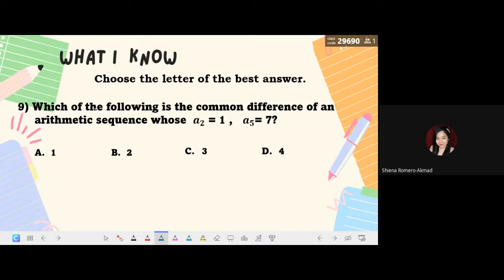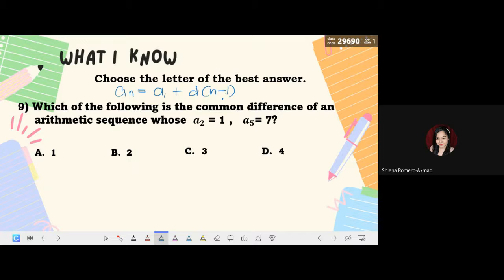The general form is a sub n equals a sub 1 plus d times n minus 1.